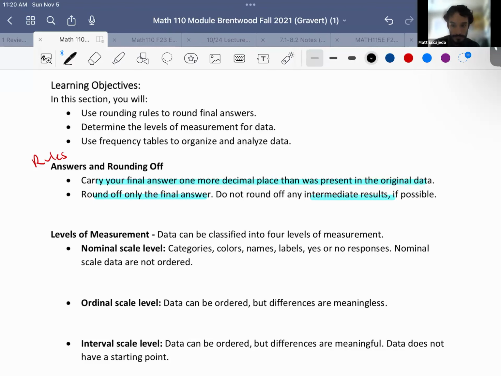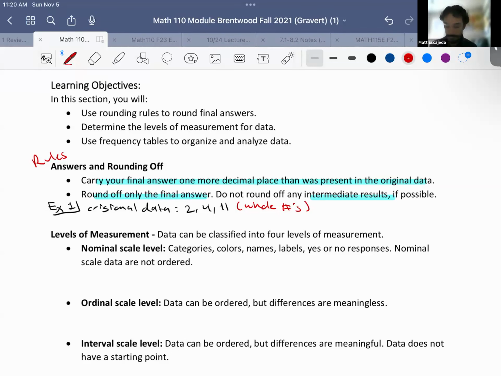So we look at this example here. Example one, original data. Say the original data is something like 2, 4, 11. Ideally they are whole numbers.